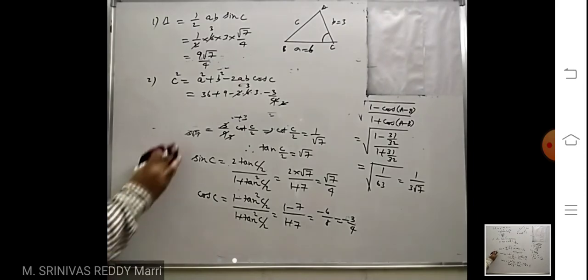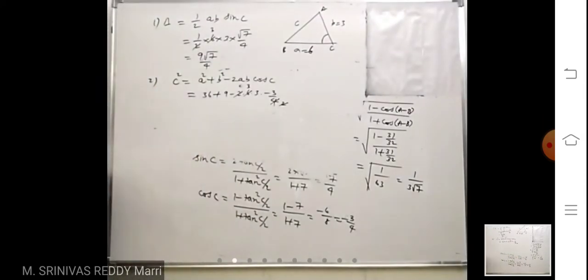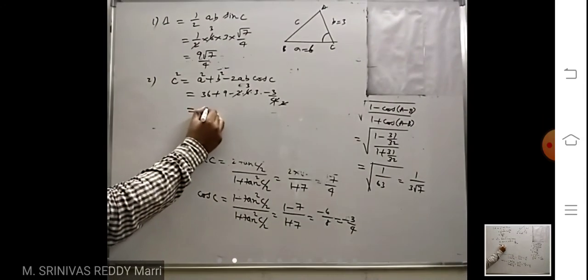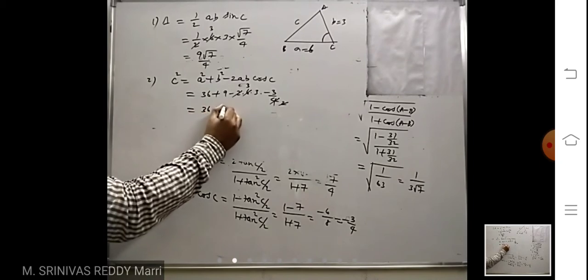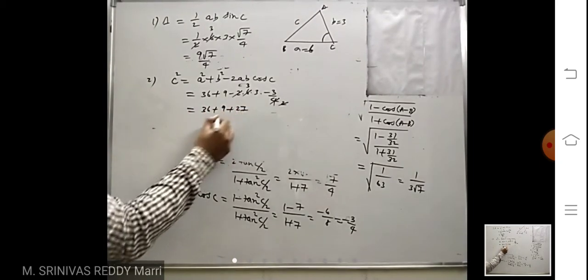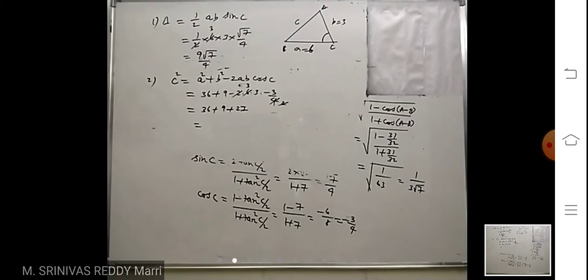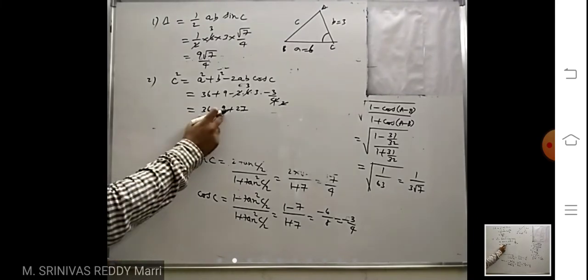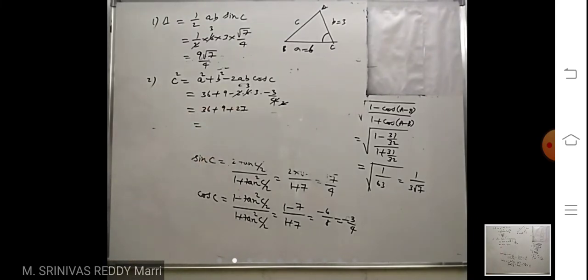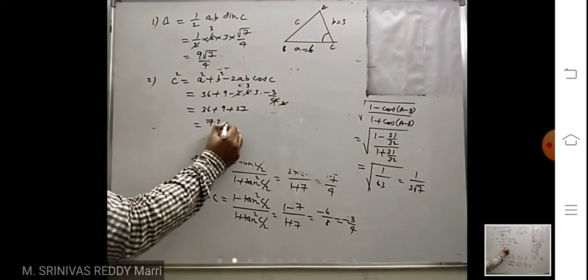Right? So therefore, this is nothing but 36 plus 9 plus 27. So this is 45 plus 27, that means 72.